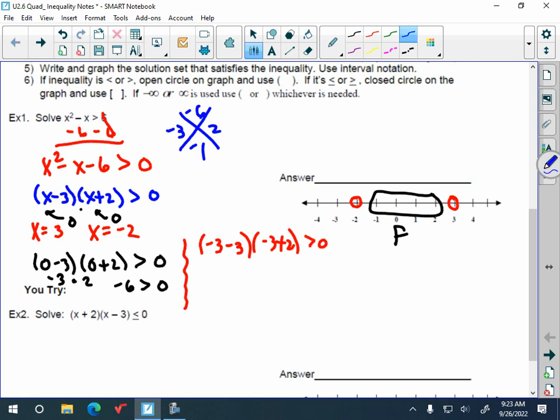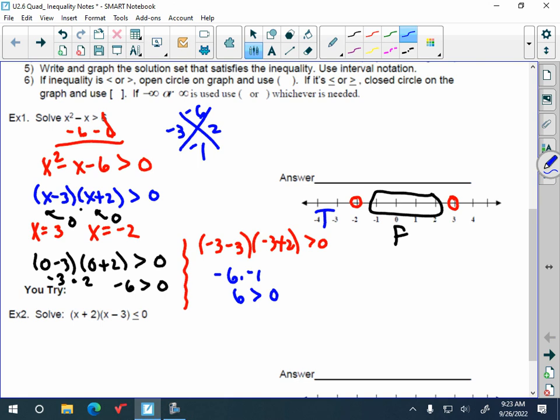Well, negative 3 minus 3 is negative 6. Negative 3 plus 2 is negative 1. Negative 6 times negative 1 is positive 6. So is positive 6 bigger than 0? Yeah. So this area is true.